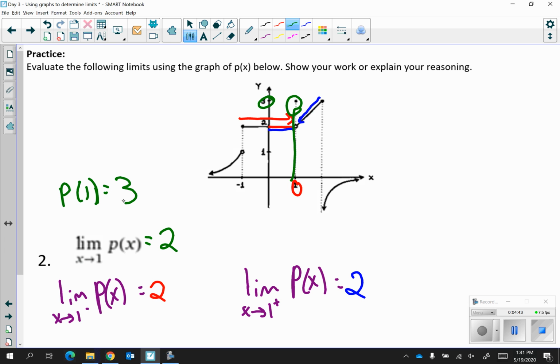So keep in mind that the limit as x approaches 1 does not have to be the actual value of the function at x equals 1. So when it comes to point discontinuities, the actual point at the value we're looking at doesn't really matter. We're looking at what value the function seems to be approaching, not what it actually is.